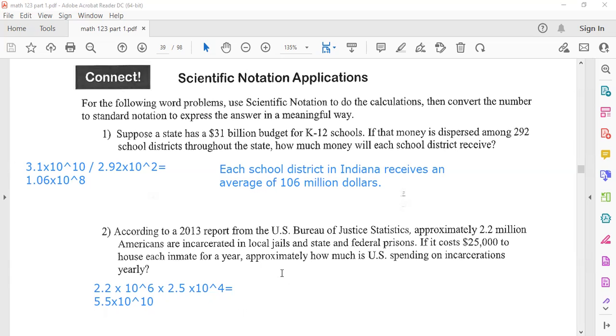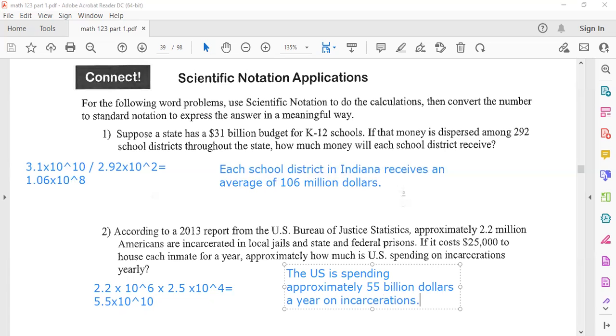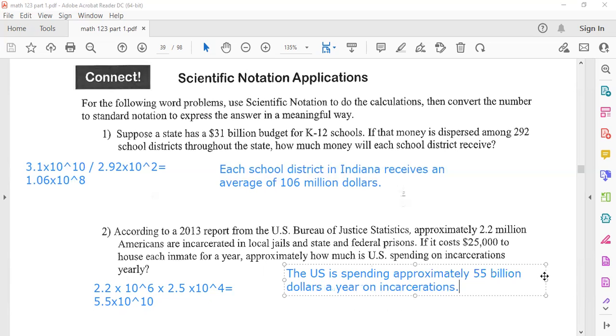So then I could say US is spending approximately $55 billion a year on incarceration. So one of the 10s got used to make 5.5 55, and the other 9 are included in the word billion.